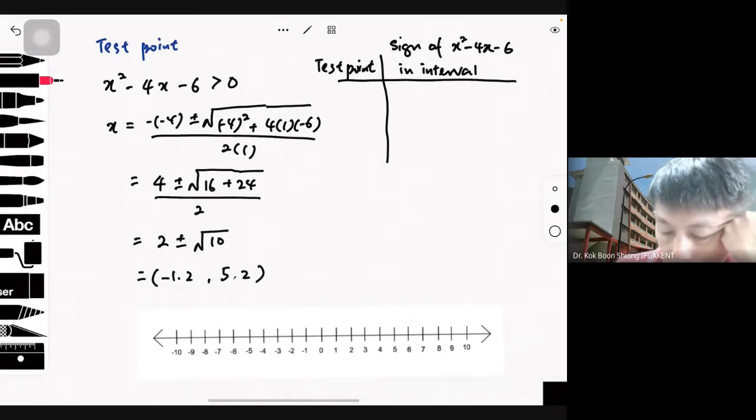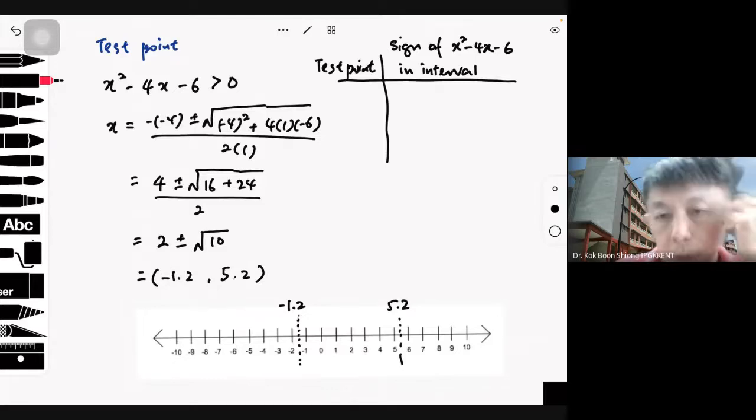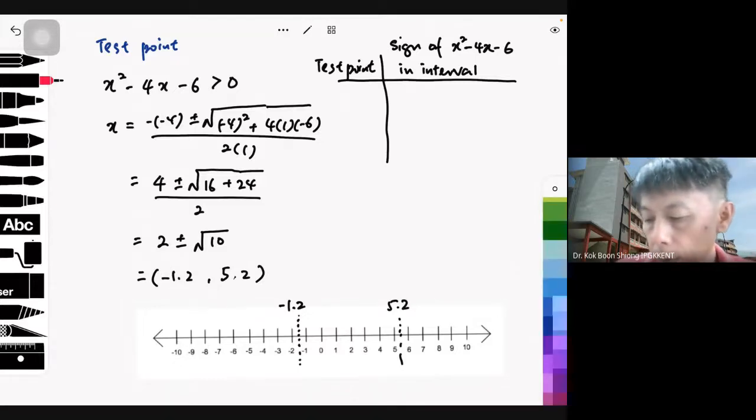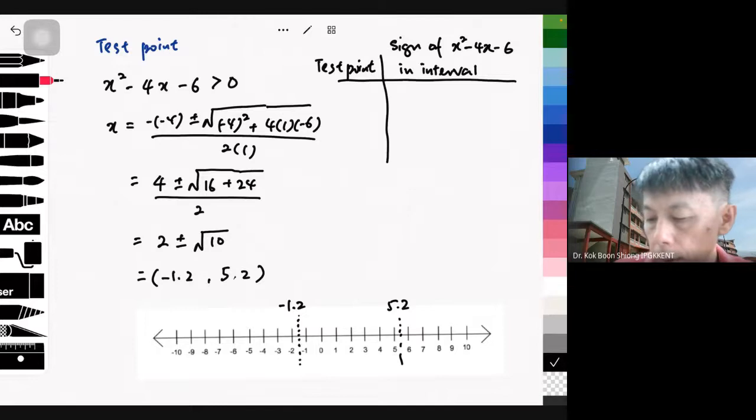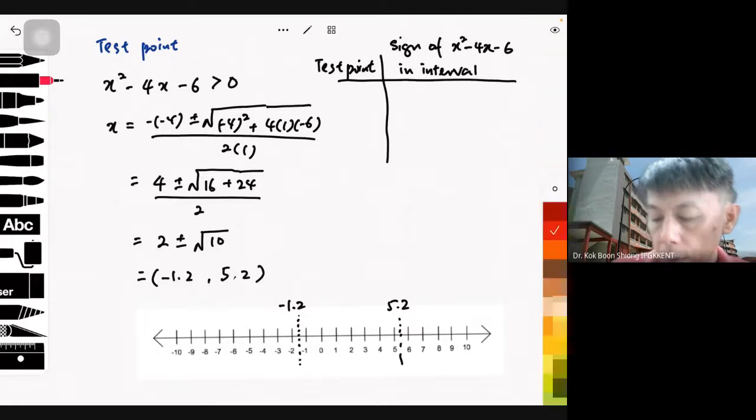Now we have three regions, right? The first one is negative 1.2, and 5.2. So basically, we must take three points.